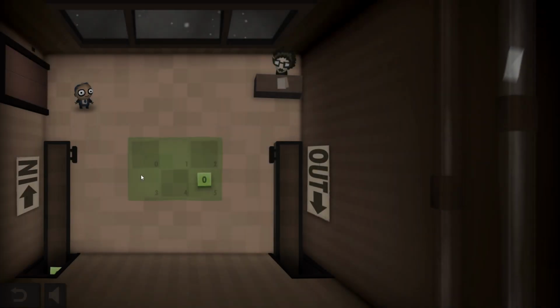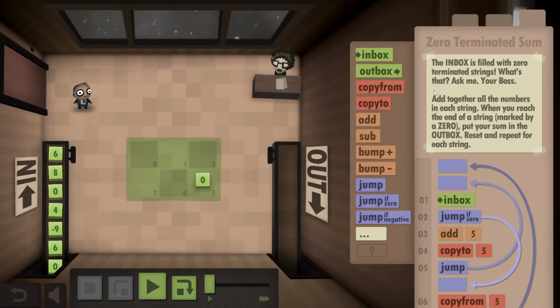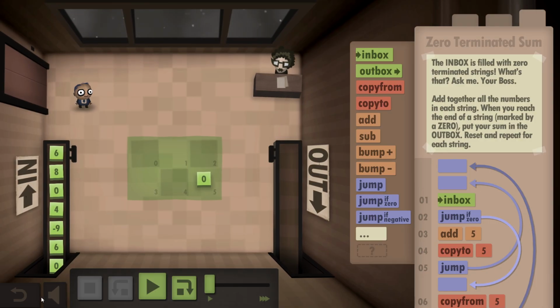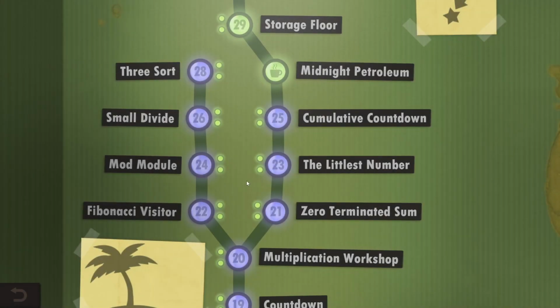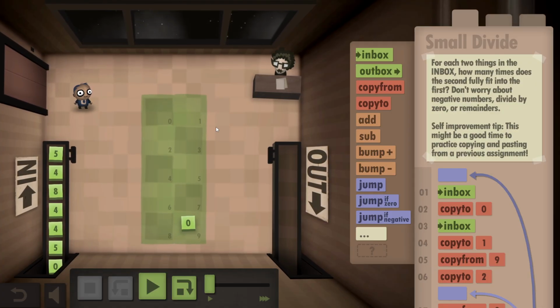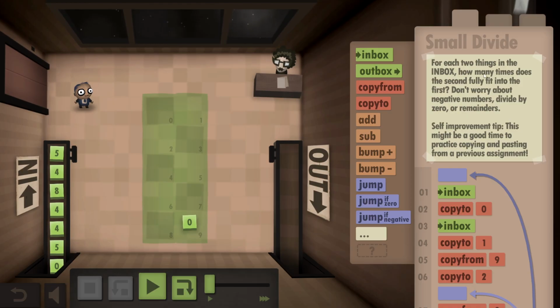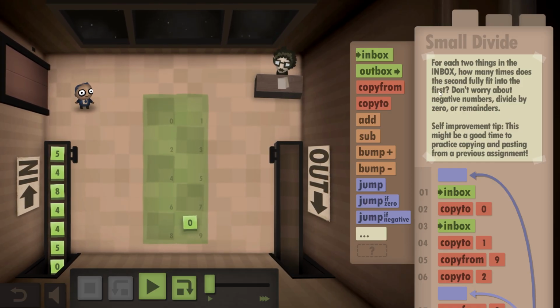Divide by zero is there too. No, that's strings. For each two things in inbox, how many times does the second fully fit into the first?